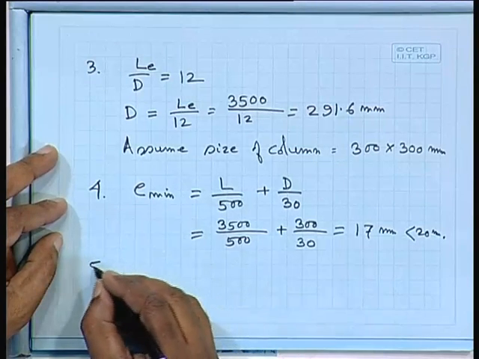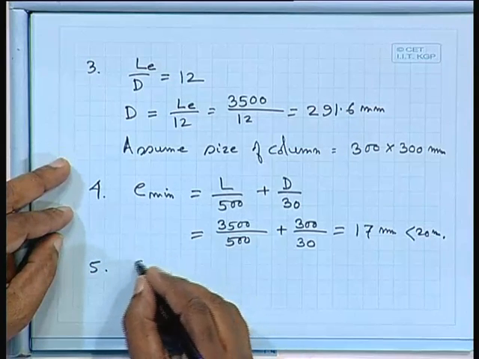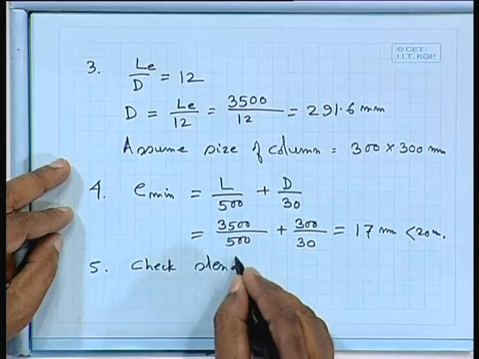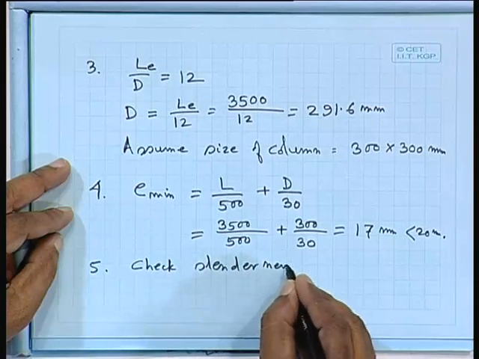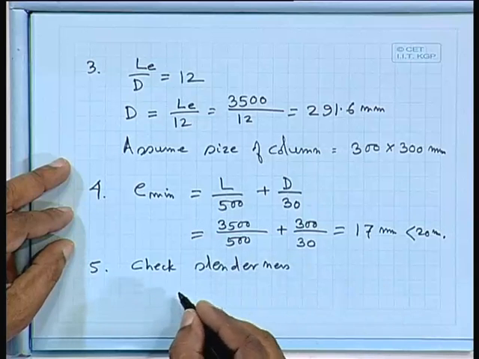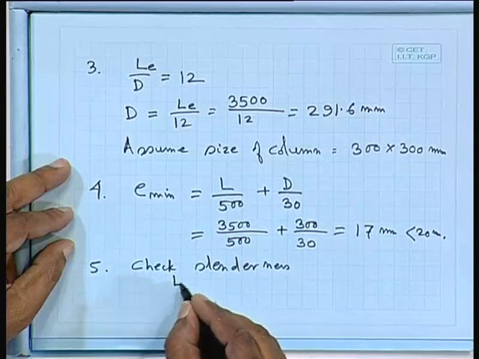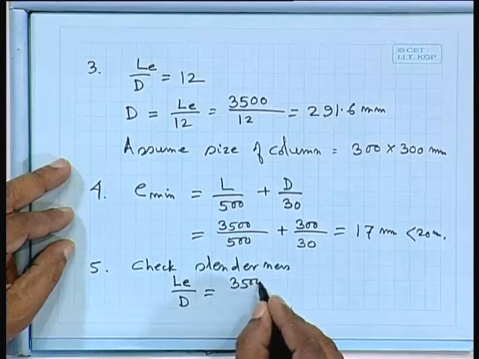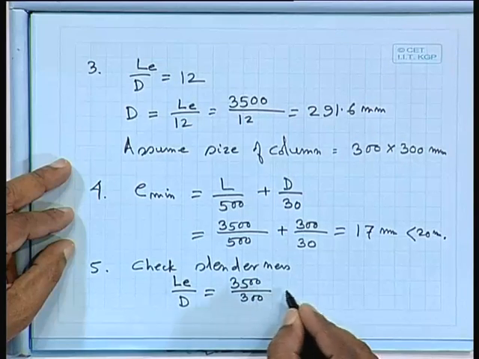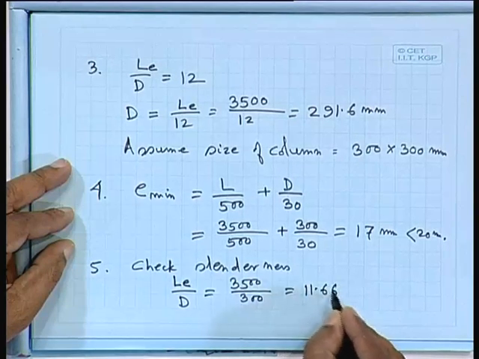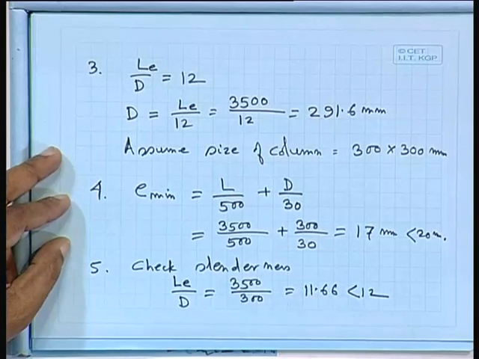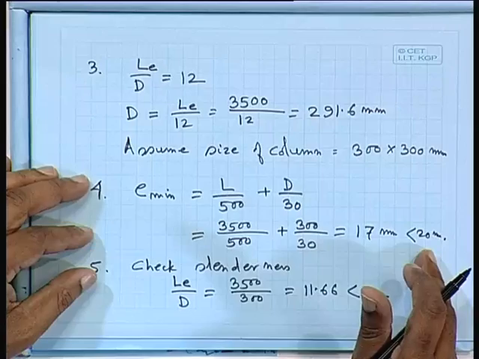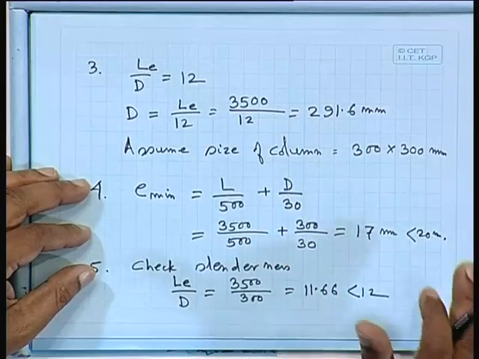And let us check the slenderness. LE by D equals 3500 by 300, which comes as 11.66, less than 12. So, this is a short column, and eccentricity is also less than 20.